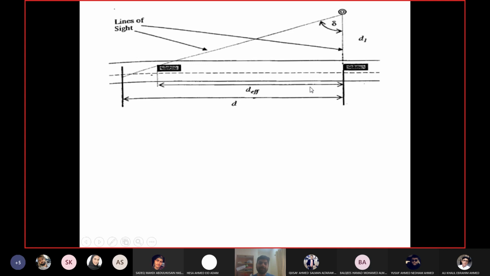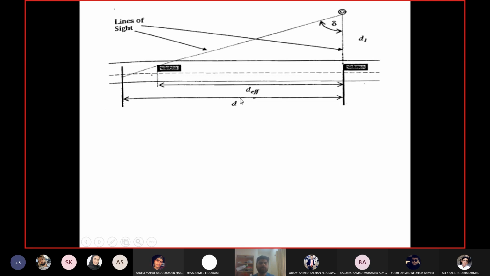You can see what is happening here because of the parallax. This is the line of sight of the observer, and in this line of sight, the vehicle and the exit point are in the same line. So this observer would feel that the vehicle has actually arrived at the exit point. But you can see in this figure, the vehicle is still behind the end point.